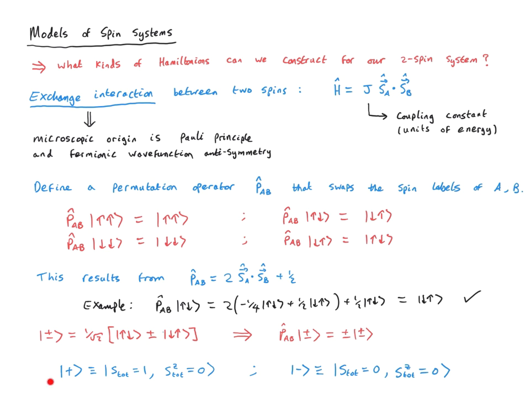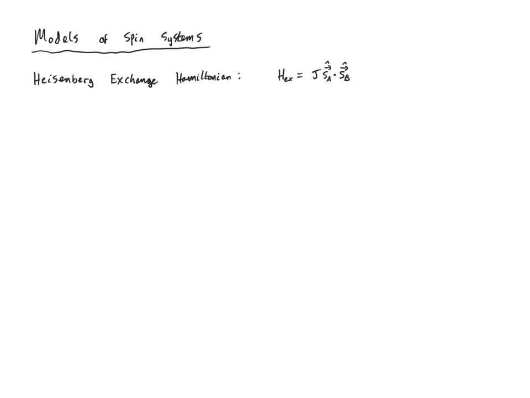Finally, note that the plus and minus states are actually related to the spin eigenstates of our bases. The plus state is the spin 1, SZ = 0 component, whereas the minus state is the spin 0, SZ = 0 component. So this Heisenberg Hamiltonian is changing the energy depending on the total spin of the system.